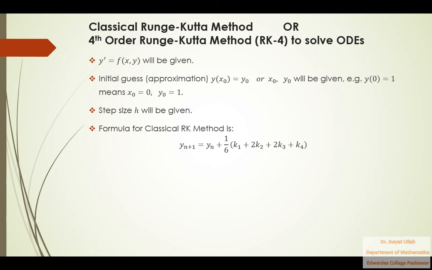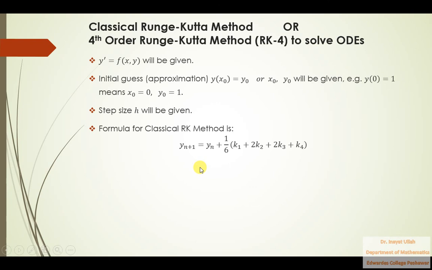If you replace n by 0 in this formula, you will get y1 is equal to y0, where y0 will be given to you in the question, plus 1/6 times (k1 plus 2k2 plus 2k3 plus k4). We need the values of k1, k2, k3 and k4 for this formula.